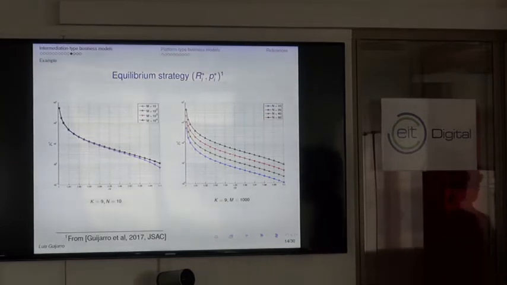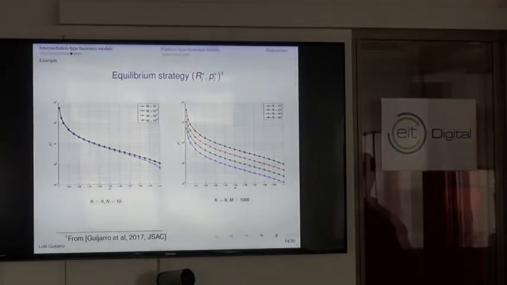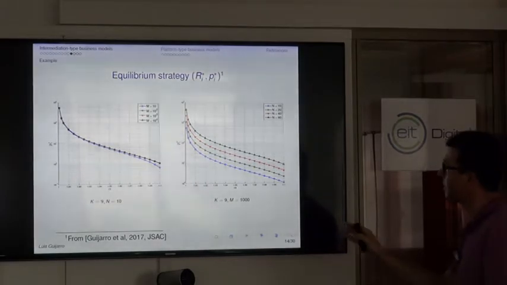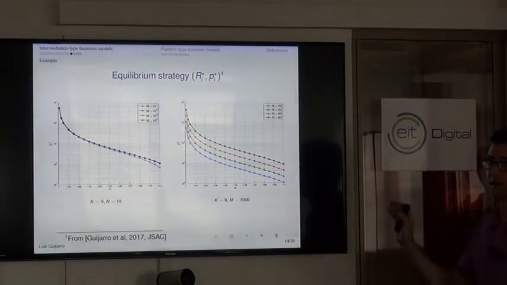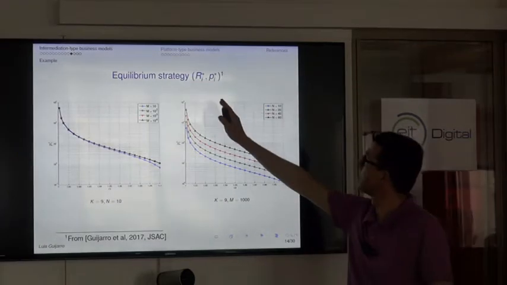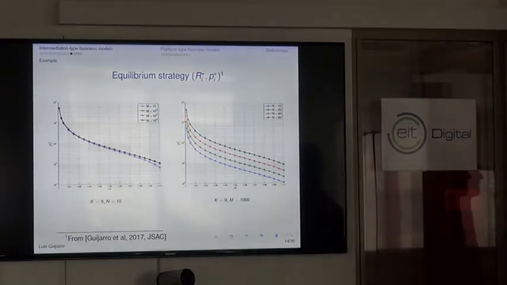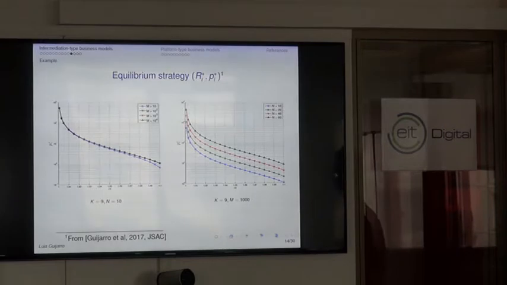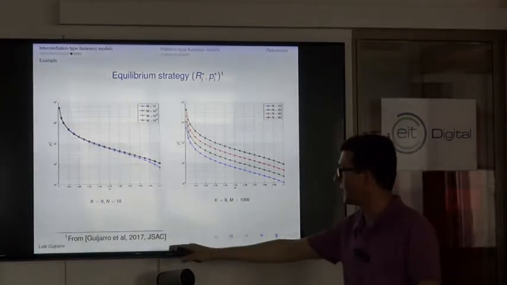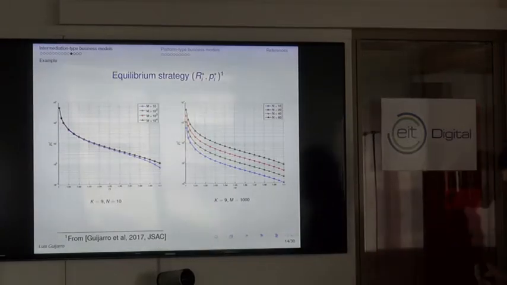We have computed analytically this Nash equilibrium, and as we may have guessed, the equilibrium is symmetric, since all the parameters are the same for each one of the service providers. I can provide you with the details of the analysis here.